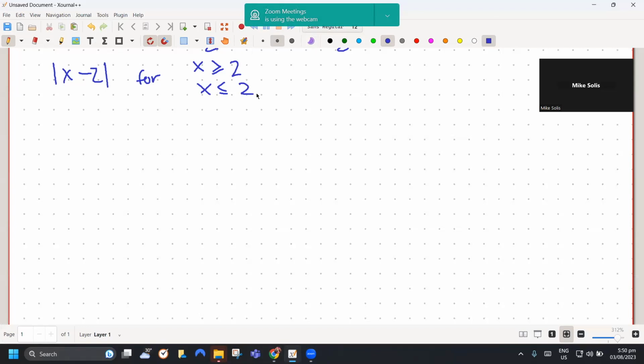So, tapos na tayo sa number 3. So, let's go to number 5. Ngayon, dito, may in-specify na domains. So, are these functions, so by graphing, are these functions one-to-one or not?